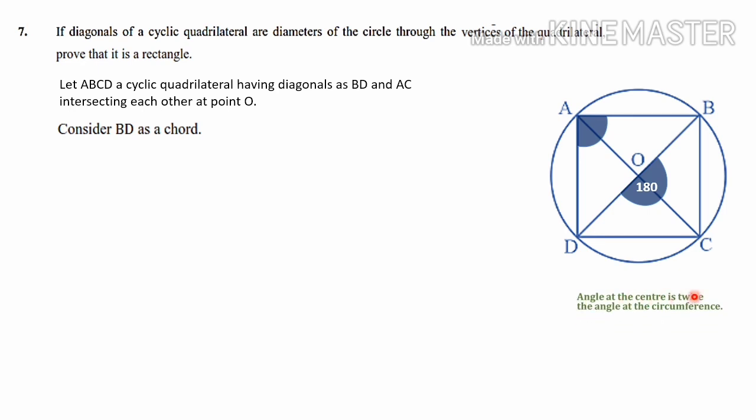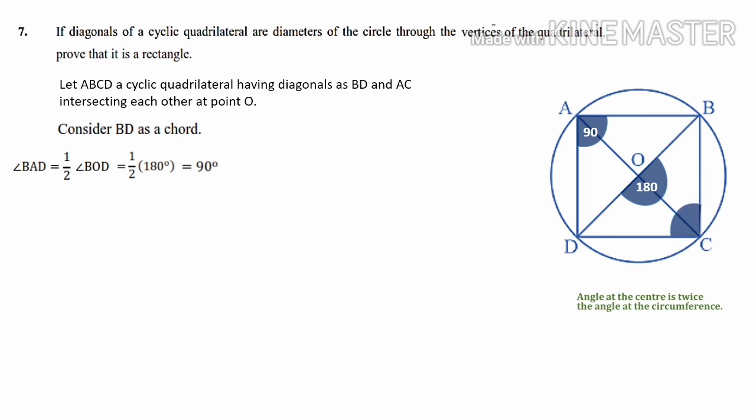Angle at the center is twice the angle at the circumference. By using this property, we can say that angle BAD is half of angle BOD, the angle at the center. That is equal to half of 180, that is equal to 90 degrees. So angle BAD we have got as 90 degrees. Let's label it on the diagram.